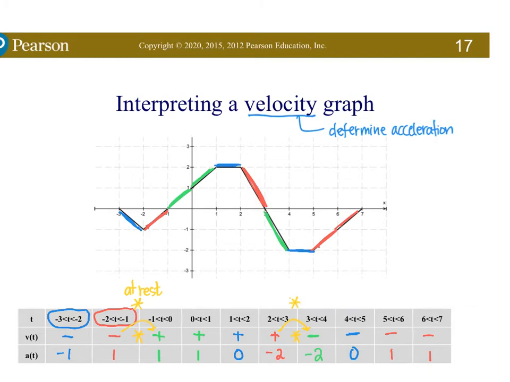And then also right here, at rest. So I can tell that this function is at rest twice. It's at rest at -1, where it crossed the x-axis. It's at rest again at 3, where it crossed the x-axis. It would have been at rest at the beginning, before it got started, of course, and it would have been at rest at the end, again, when it returned back to the origin, but it's at rest 3 different times.